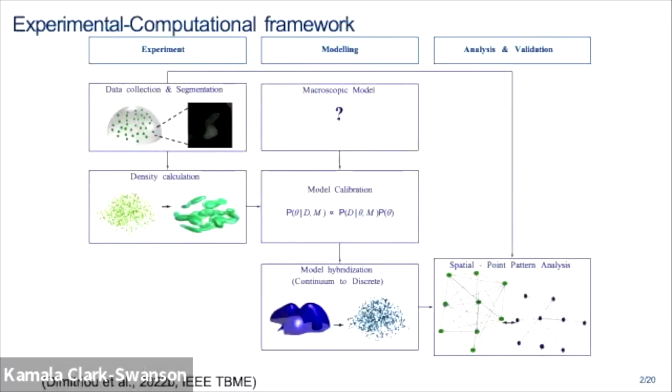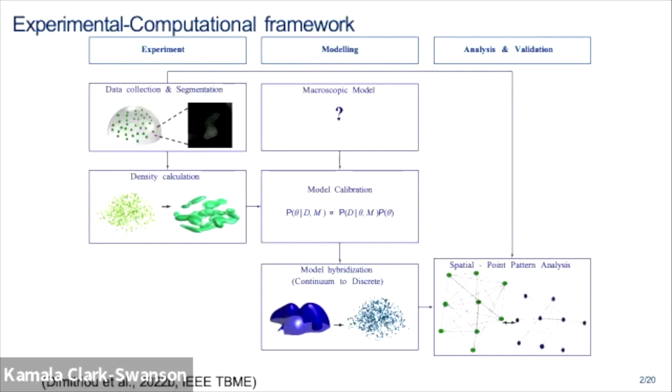So we came up with this framework that you see here that takes advantage of the capabilities of a hybrid model in order to calibrate and validate it with 3D cell culture data. It consists of three parts: the experiment, the modeling, and the analysis and validation part. In the experimental part, we do a 3D cell culture experiment.